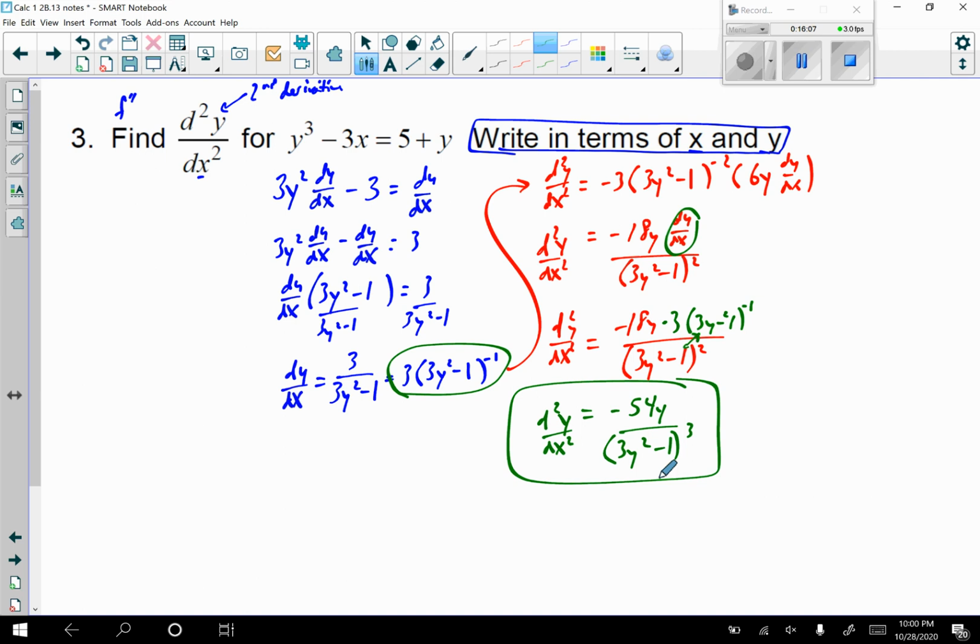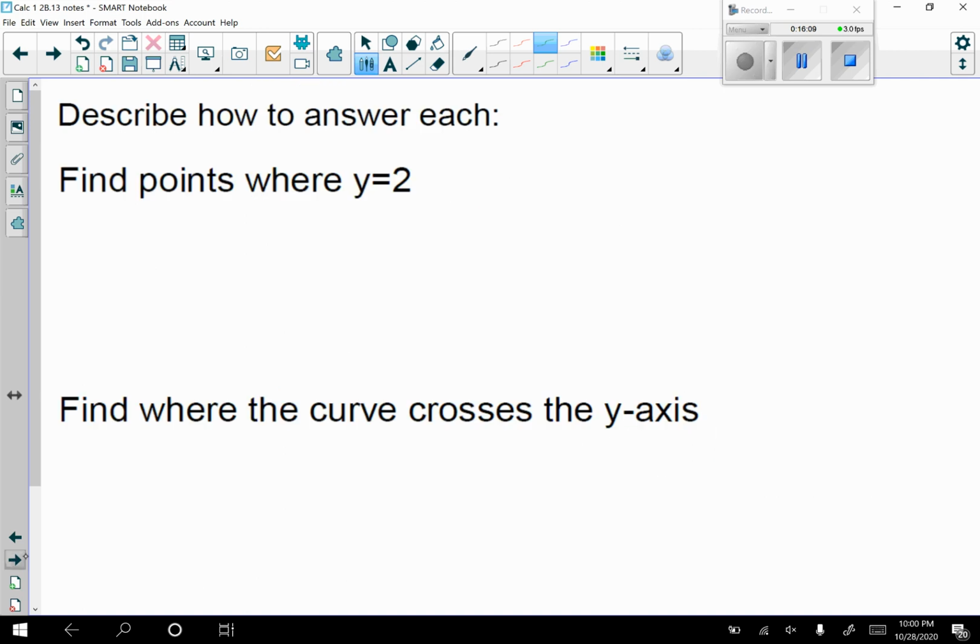Now, the bottom part here, let's make sure we know how to answer these questions. Not from any equation, just describe on this. So look for important words here. Points where y equals 2. Remember, points, original. That's what you have to think of.